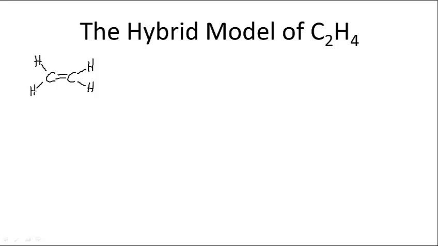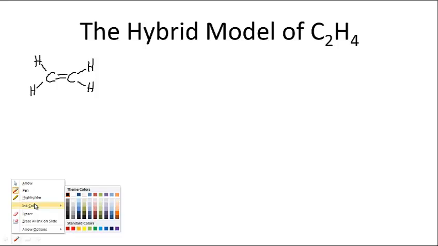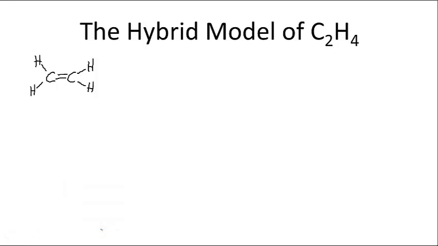My geometry first, geometry of each carbon atom is going to be what? Not pyramidal. Pyramidal would be if there were 4 electron domains. If I look at one of these carbon atoms, how many electron domains does it have?